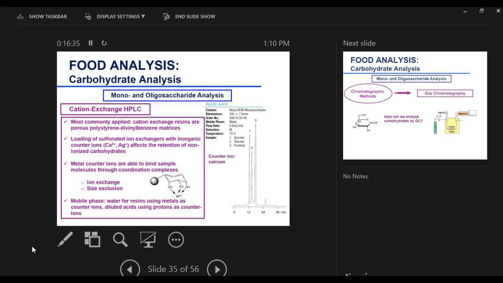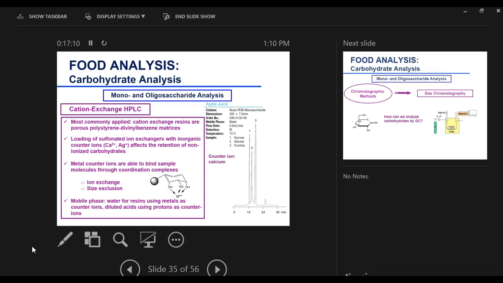So with that, the positive charge are going to interact with the hydroxyl groups of your sugars. So we call this interaction forming coordination complexes. So you're going to form a coordination complex with a positively charged ion.